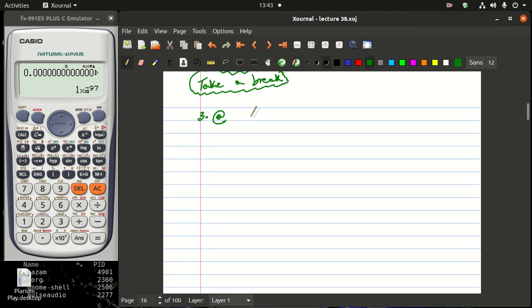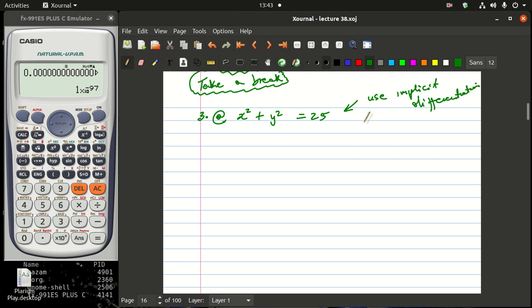Number 3a was saying we wanted to find dy dx of x squared plus y squared is equal to 25, and the question was saying use implicit differentiation.